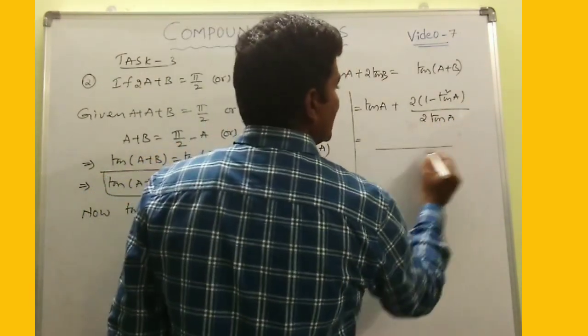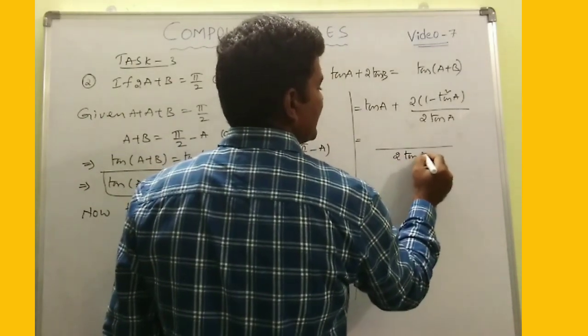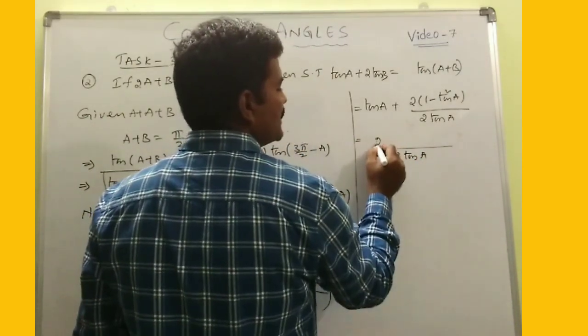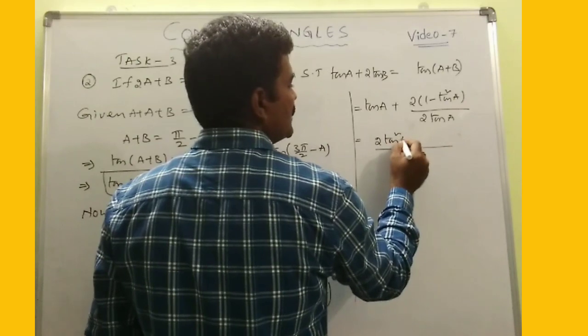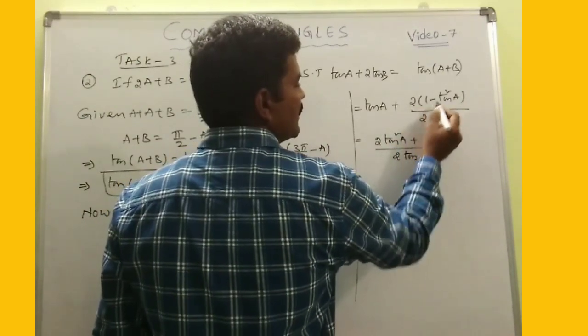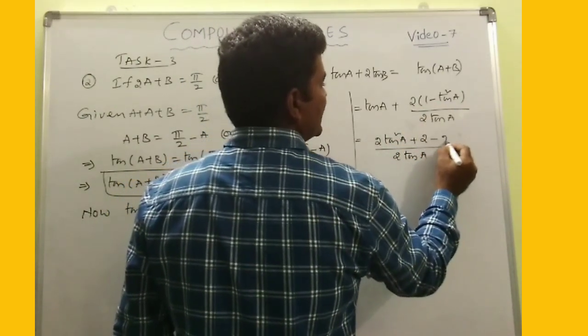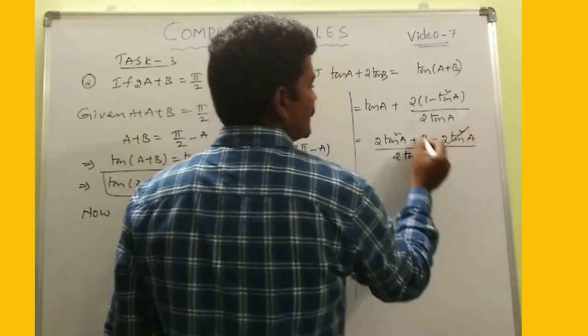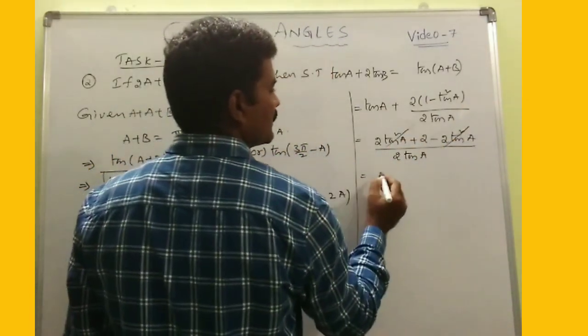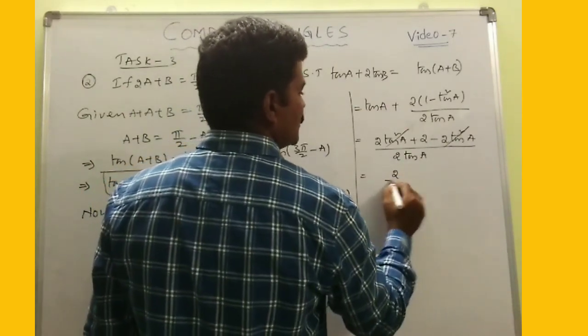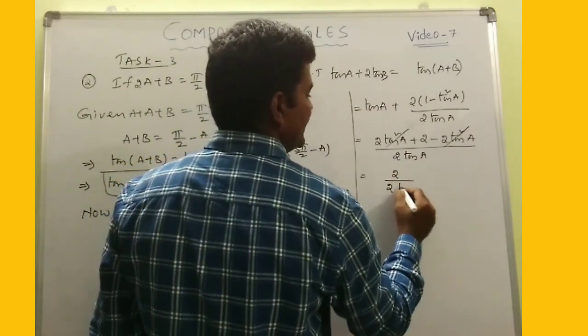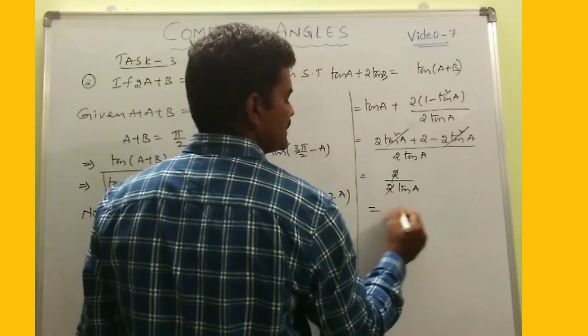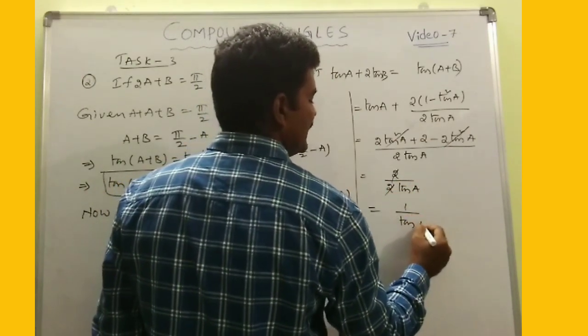Now once again the LCM is 2 tan a, and if you go for cross multiplication, 2 tan square a plus 2 minus 2 tan square a. So these two are cancelled. 2 by 2 tan a, the 2 gets cancelled, giving 1 by tan a.